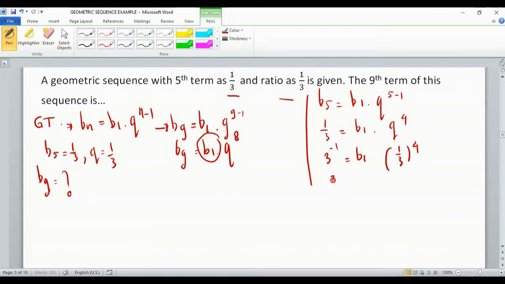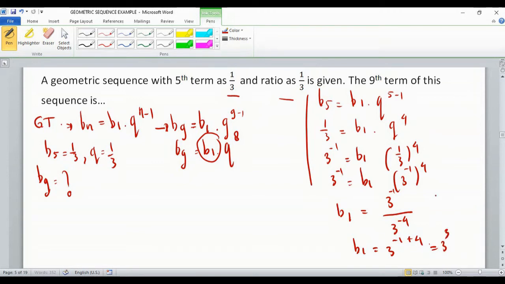So we need to change the form to 3 power minus 1 times 3 power minus 4. So B1 is equal to 3 power minus 1 plus 4, which is 3 power 3. So we have B1 is 3 power 3.